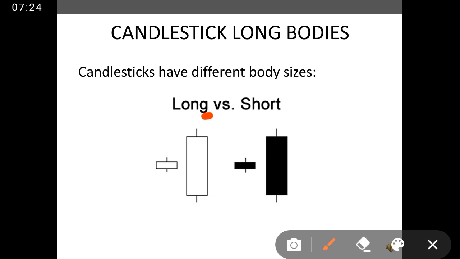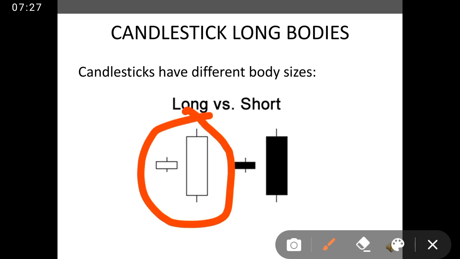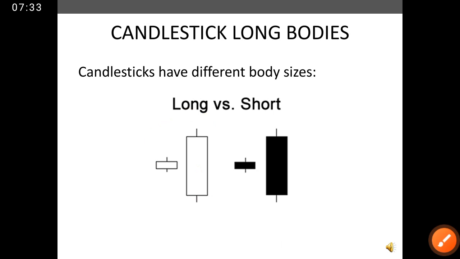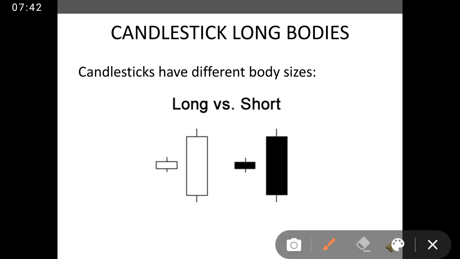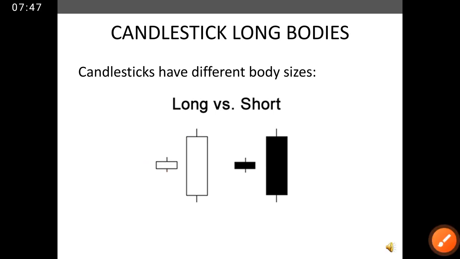Look at this white one here, and this, there are 2 there. They represent the bullish candlesticks. This one is long, while this one is small. Now, what does that mean? When you see a long candlestick, it means something is happening.